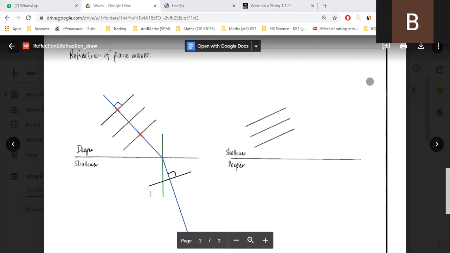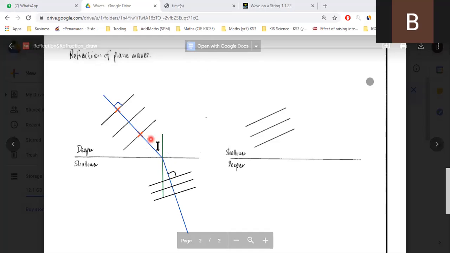Now here is the thing you have to be careful about. Because the speed decreases, I must make sure my wavelength is shorter, so I draw the wavefronts closer together. So like this, and like this. You have to show two things.